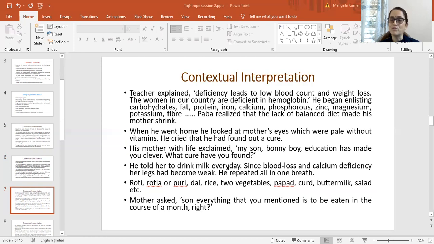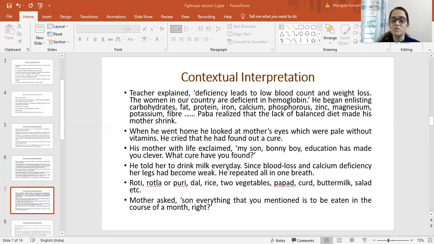What cure have you found out? Tell me. He told her to drink milk every day. Since there is blood loss and calcium deficiency, your legs have become so weak. That is why you have to drink milk every day. He repeated everything the teacher had explained in the classroom in one breath.